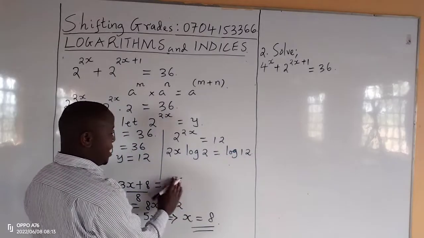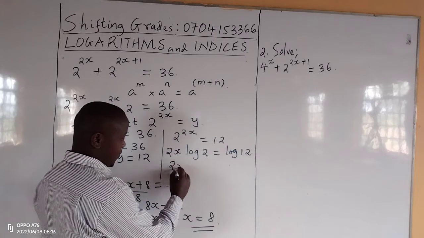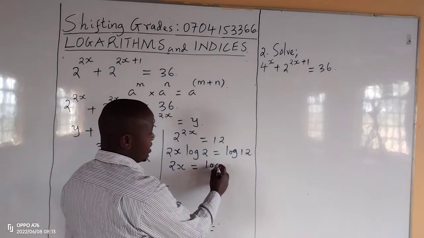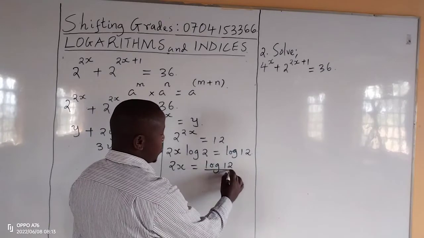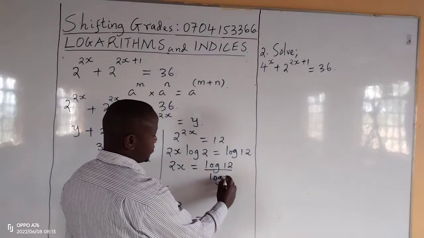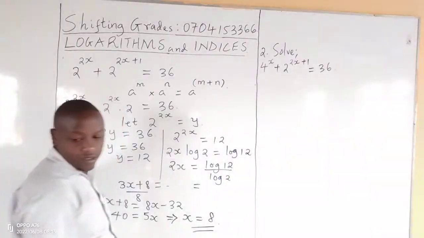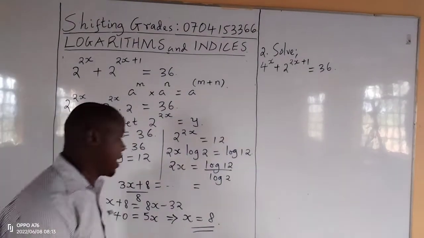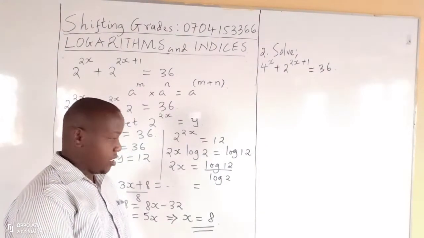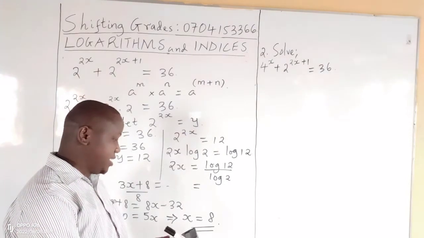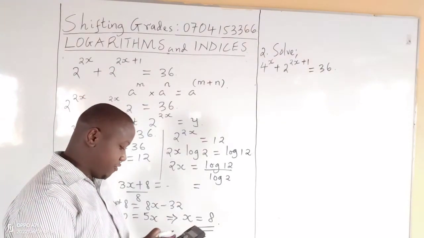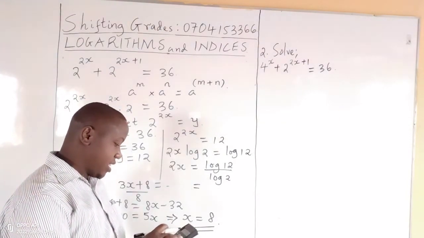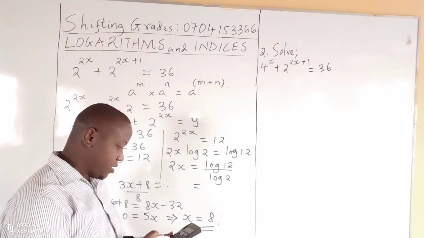To remain with 2x, we divide the logarithm of 12 by the logarithm of 2. We use our calculator at that point to divide the logarithm of 12 by the logarithm of 2.